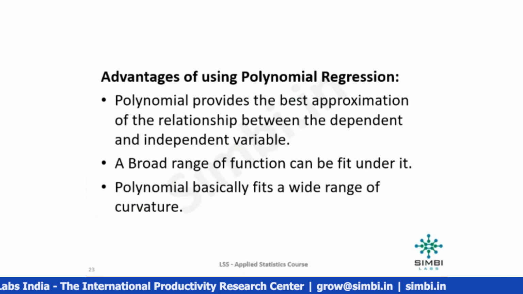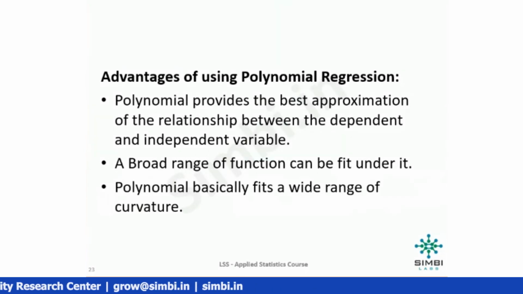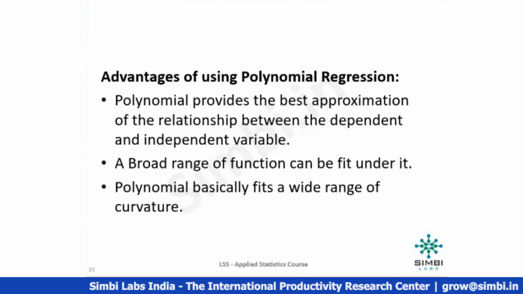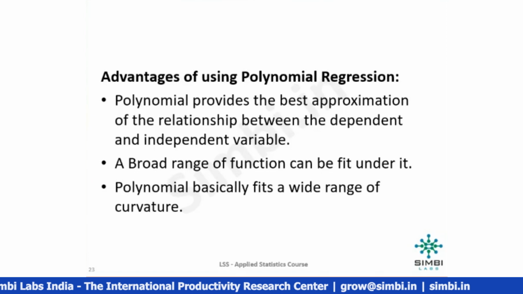For that purpose, we can use polynomial regression, and it is a very important function in regression analysis. If you have simply understood what linear, multiple and logistic regression are, then you can easily understand polynomial regression. So what does the degree of polynomial regression mean?